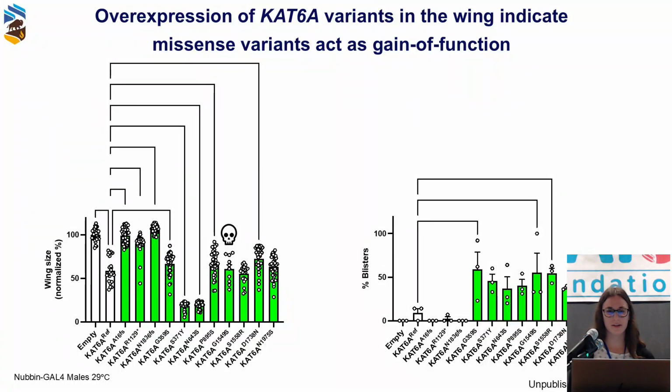When we overexpress the 3 truncations, they either did not have blisters or a single wing had a blister. What was really interesting, again, is that our KAT6A missense variants had more blisters than our reference. So again, this is showing that potential gain of function activity.